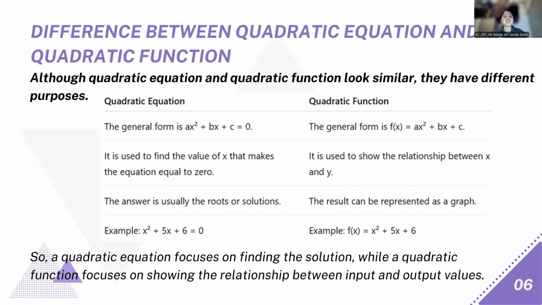Meanwhile, a quadratic function has the form f of x equals ax squared plus bx plus c. It is used to show the relationship between input and output values. The result can be represented as a graph. So we can say that a quadratic equation focuses on finding solutions, while a quadratic function focuses on showing a relationship and forming a graph.